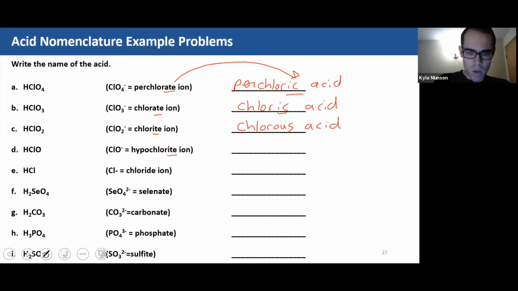This is hypochlorite ion. Don't worry about the first part, just change that, because it's an oxyacid, right? So it has oxygen involved in it. So this is going to be hypochlorous acid. Okay, this guy's a binary acid, right?